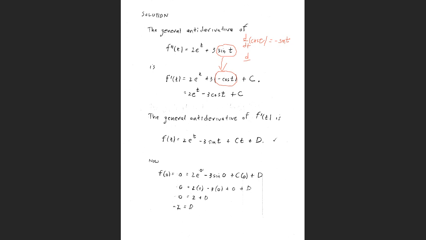So then the derivative of minus cosine of t should equal minus the derivative of the cosine of t, which would be minus minus sine of t.